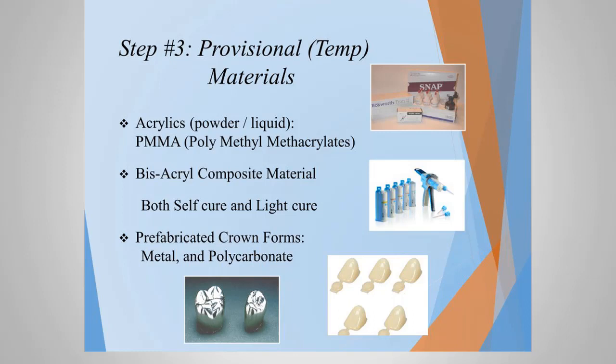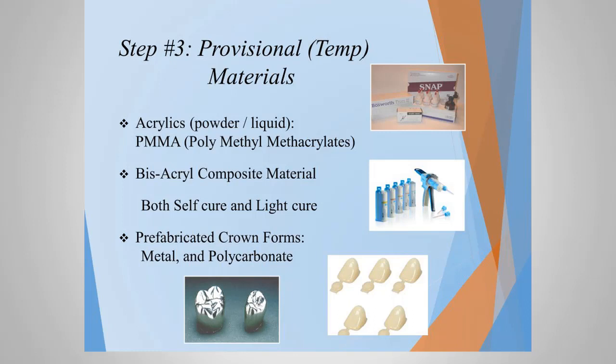The other method of temporizing that we can use are prefabricated crown forms. In this case, we have metal prefabricated crowns and also polycarboxylate crowns. These also can be used to temporize prep teeth. I'm not a big fan of the prefabricated.